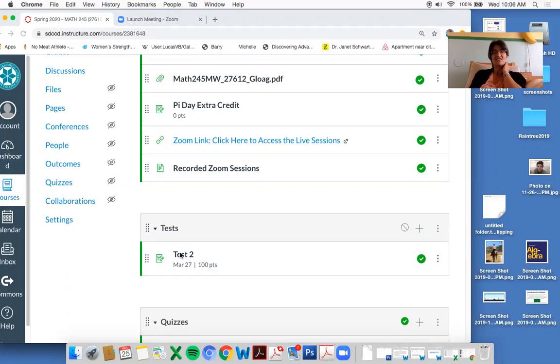It's basically the kind of test that you took for test 1 in class, only you're doing it at home. You can use your notes, but no other help: don't talk to other people during the test, and don't use the internet. You're going to upload it and it comes to me. It's not a countdown and it's not going to close on you; the file is just on the computer instead of me handing it to you.